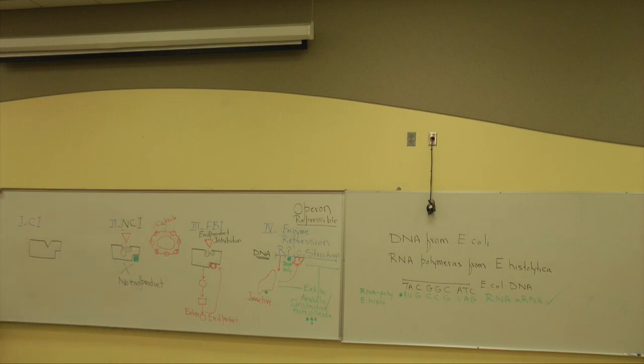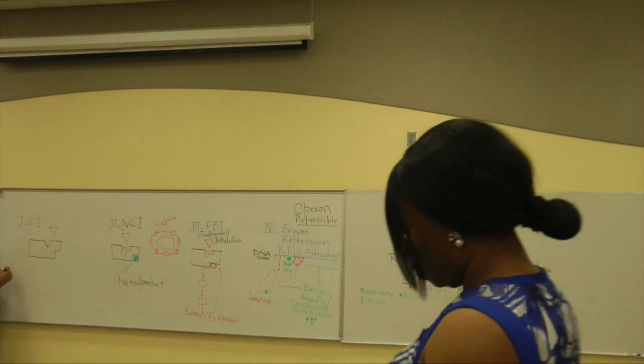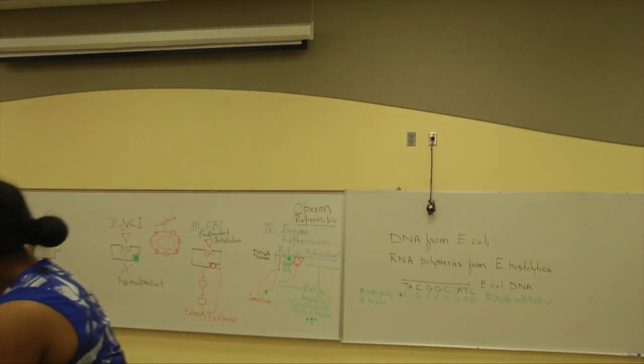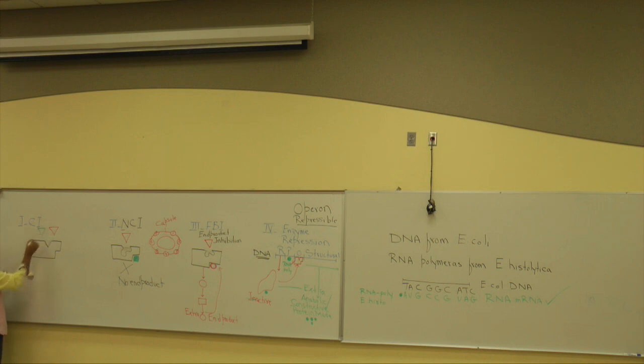Competitive inhibition. We have two molecules that compete for the same active site. Allosteric site does not play any role. I gave you two examples in lecture. I gave you the example of sulfa and AZT.